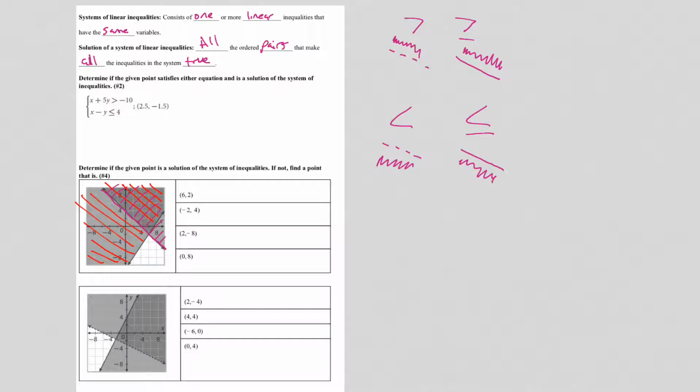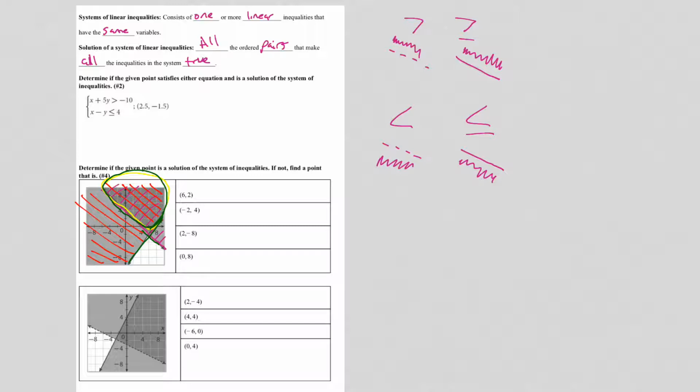And the solution that's above both lines, right, is essentially this region right here. Let me pick a different color. Right, where both conditions are satisfied, right? We're above the purple line and we're above this other line right here. And that's the part that's crisscrossed.